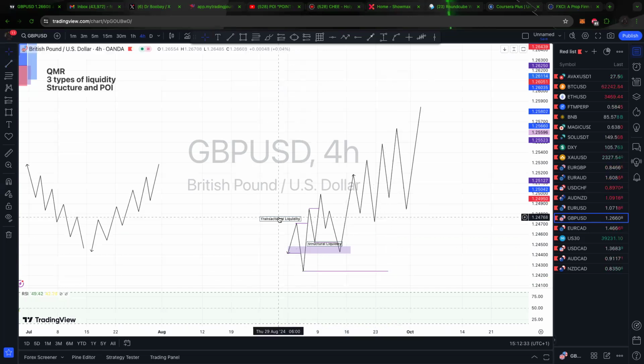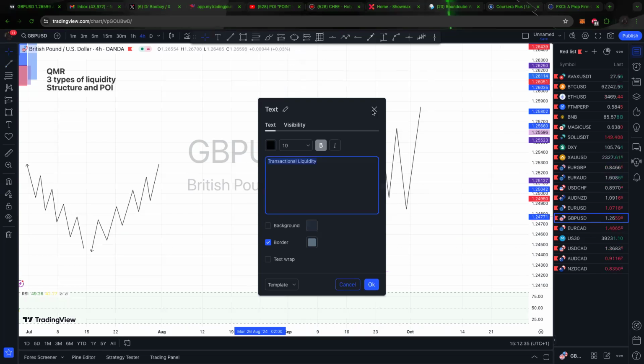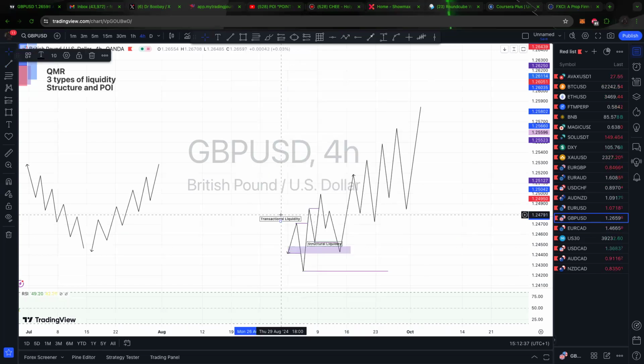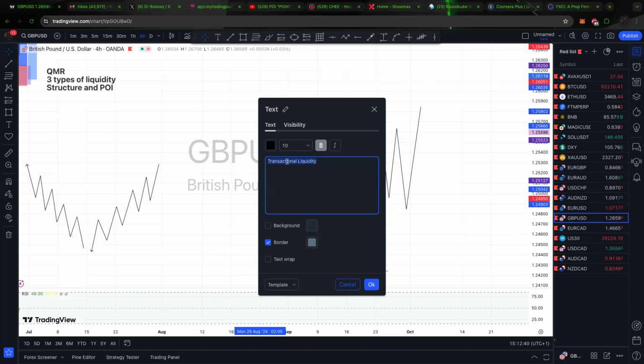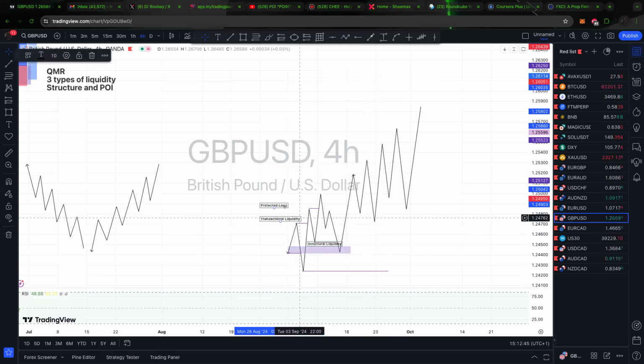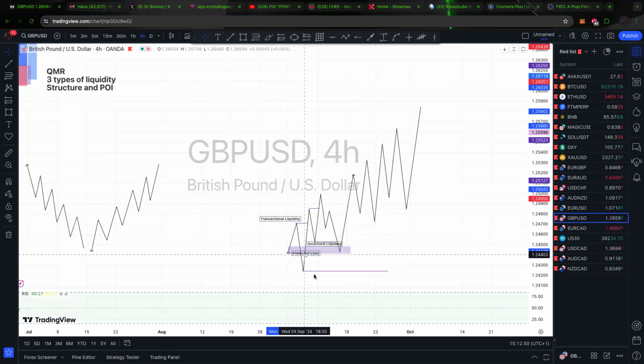Why is it protected? That's what I want to explain now. First of all, you cannot call it protected until it's a sweep, right? But it cannot be protected until a structural liquidity has formed and then the transactional liquidity has been taken.